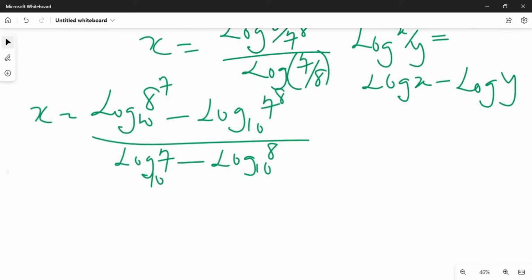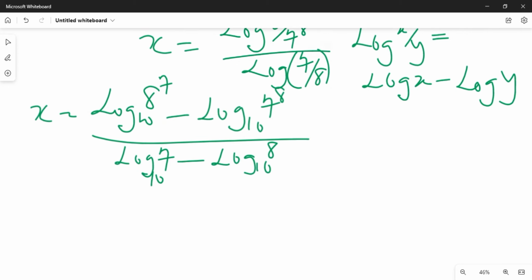So we're going to simplify this further. But this time around, to simplify this further, remember the law of logarithm we used initially. If you have log of b base a, this will be equal to b log of a.